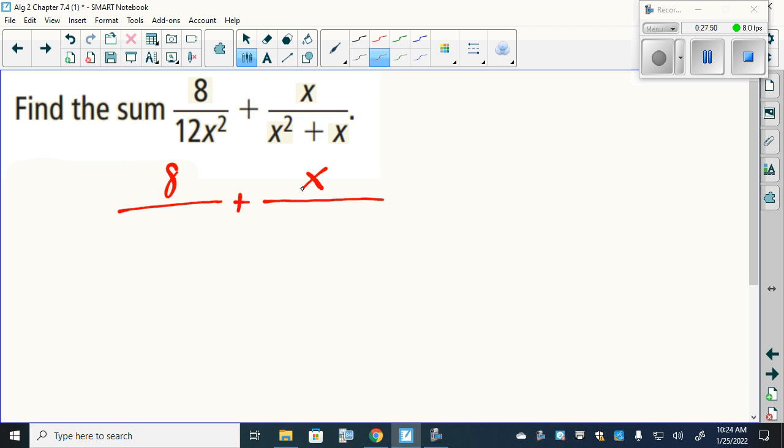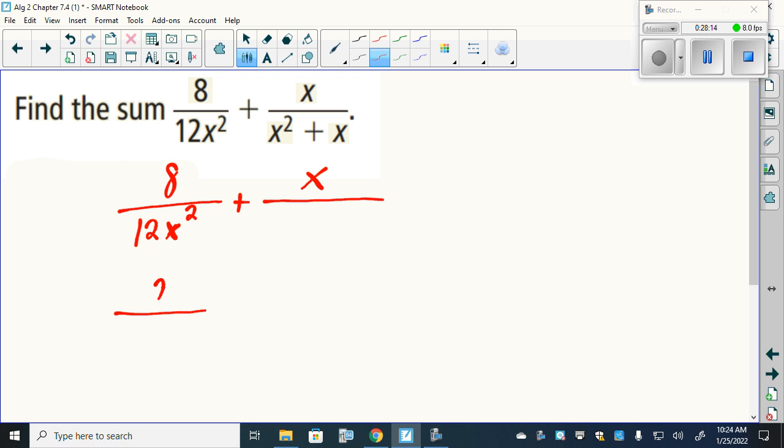Is there anything we can do to the 12x squared to factor it? Not by itself. There is a greatest common factor between the 8 and 12: 4. And we can simplify that here.